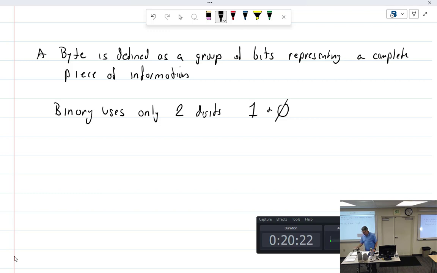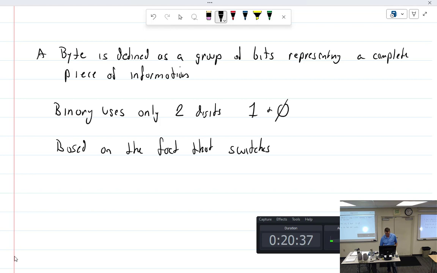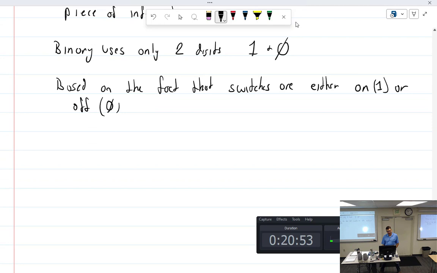Based on the fact that switches are either on, which is a 1, or off, which is a 0. And I'll say it's based on the powers of 2.